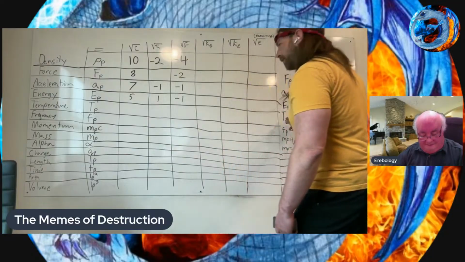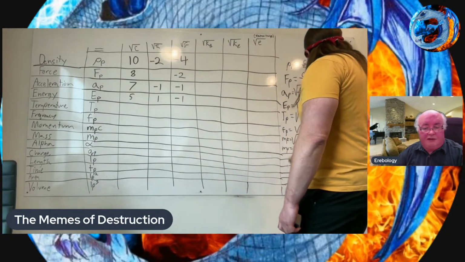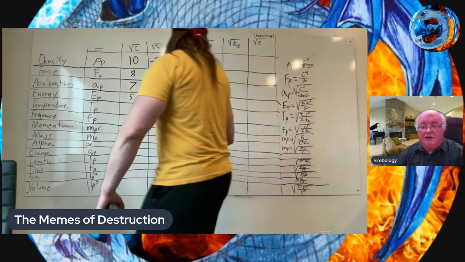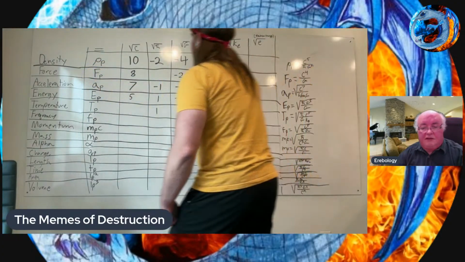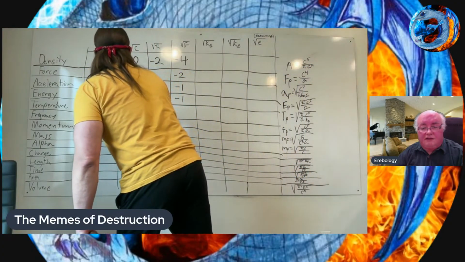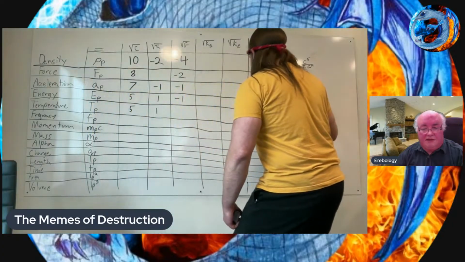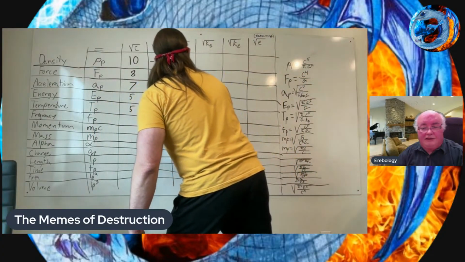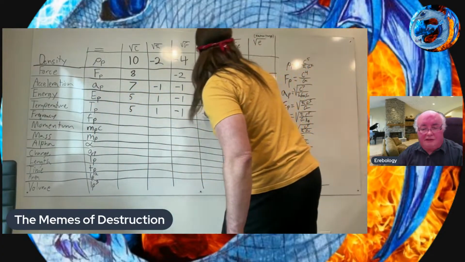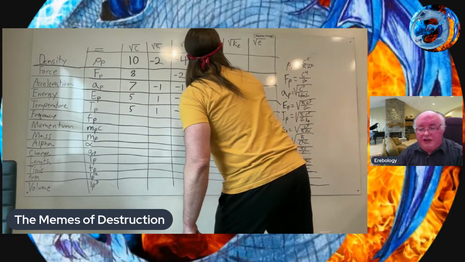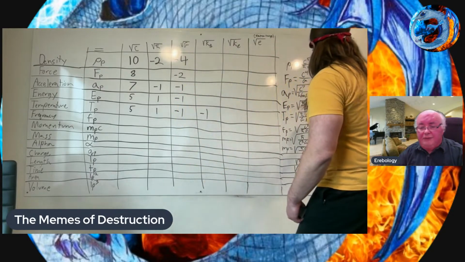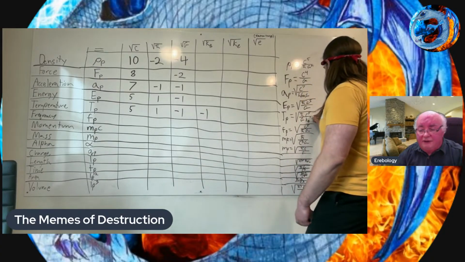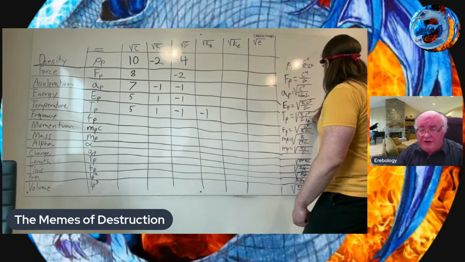Okay. So now we get to temperature. So it's going to be 1 h bar, 5 of those radicals, and then -1 G, -1 k_B. Oh, it's a k_B squared in the denominator.